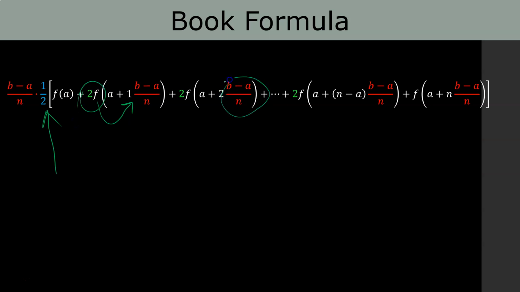And then 2 widths away, 3 widths away, 4 widths away from the left-hand endpoint. And by the time you get to this last one, hopefully you can see, we should be evaluating at b, so let's make sure that happens. F of a plus, the n's divide out, b minus a is f of b. So we end up evaluating at that last endpoint.